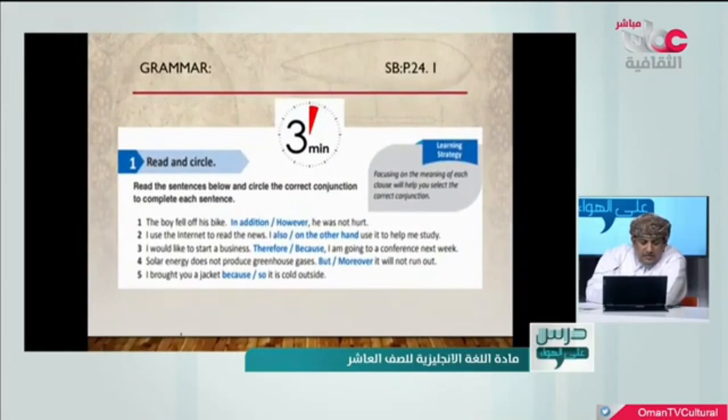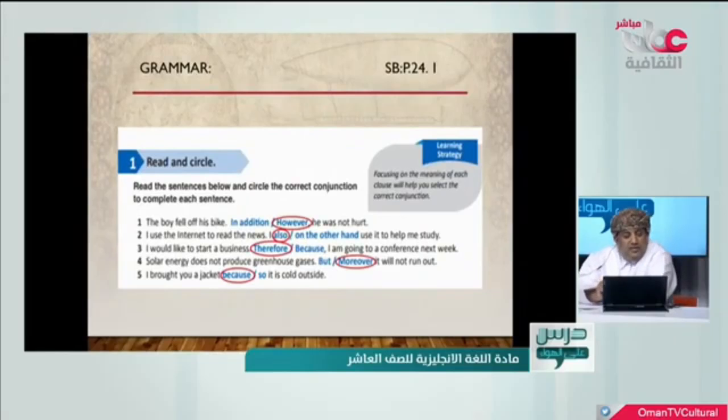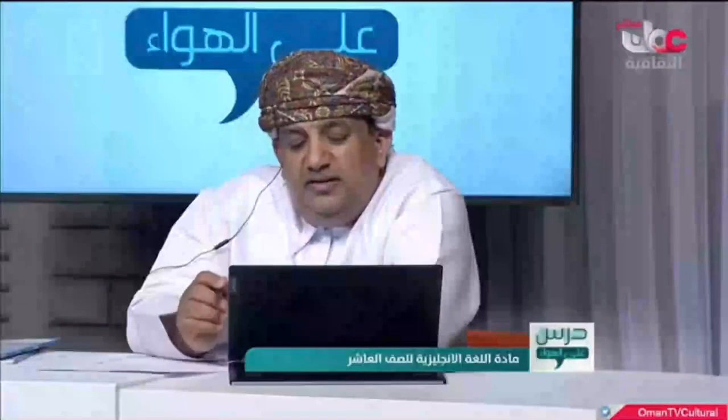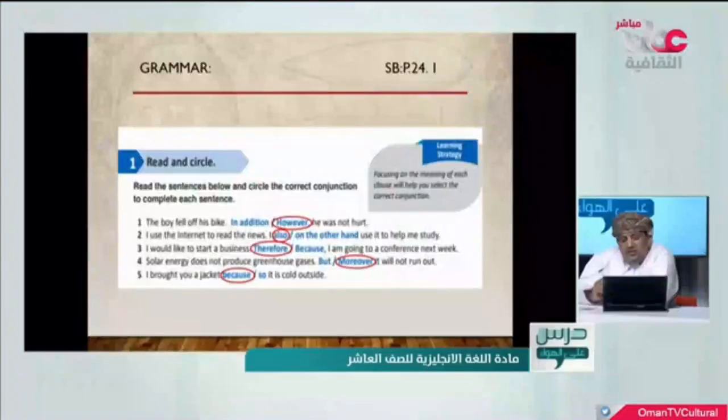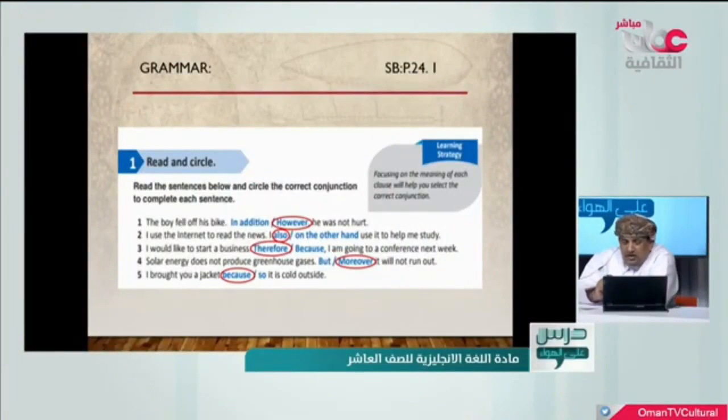Okay. Number 1, the boy fell off his bike. The other sentence, he was not hurt. So the correct conjunction word is however, because we have a different idea, because the first sentence is not like the second sentence.